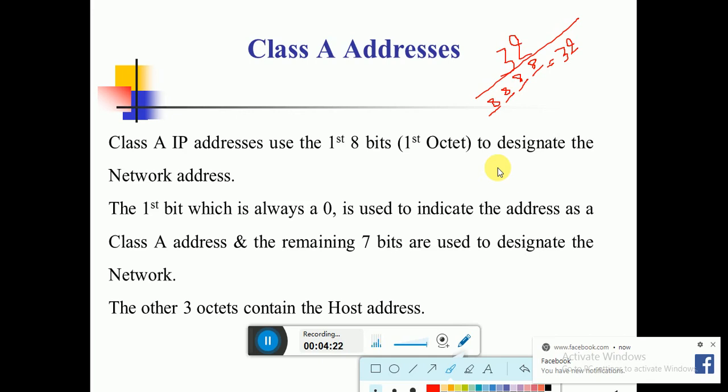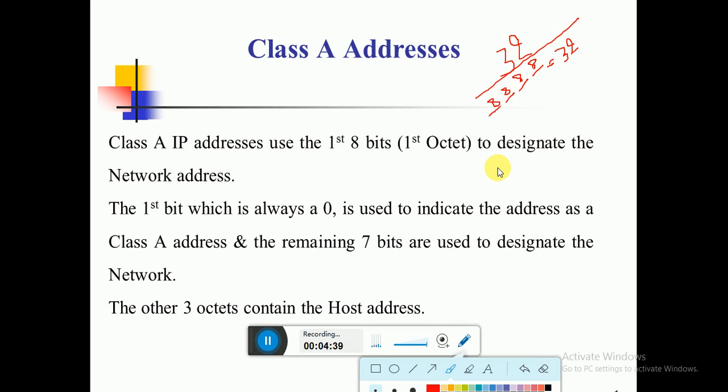We all have a mobile phone SIM card number. This number is actually representing us in the telecom world. The same is the case with IP addresses.